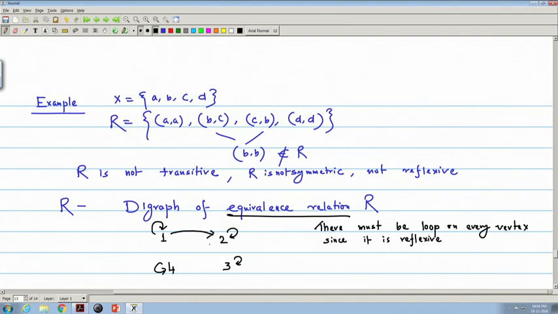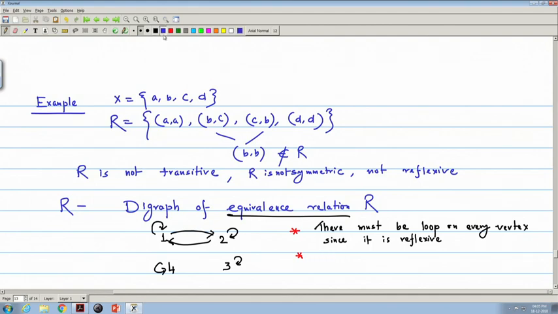Now, if it is symmetric, that means if there is an edge from x to y, then there must be y to x. So, always there will be an edge between x to y and y to x.